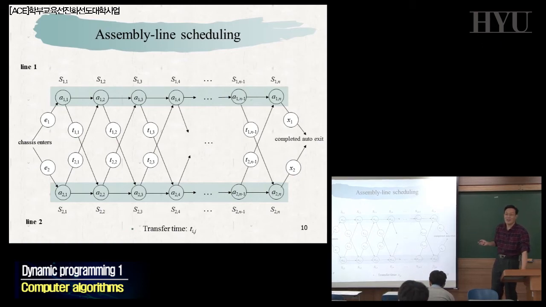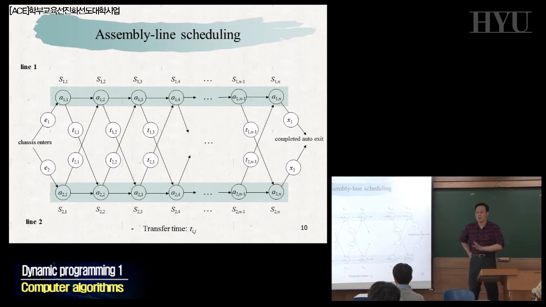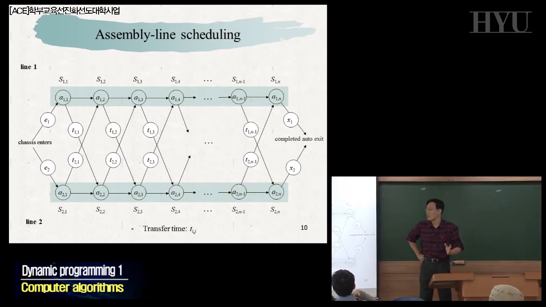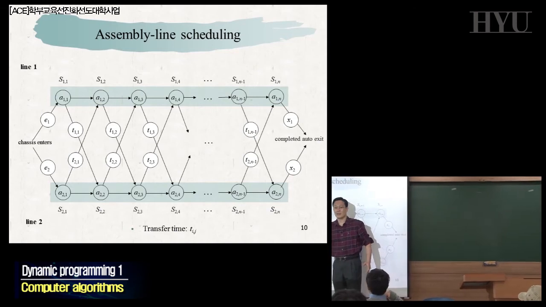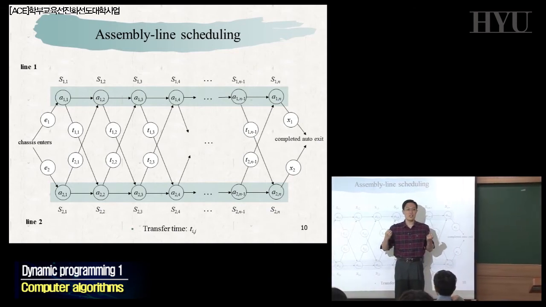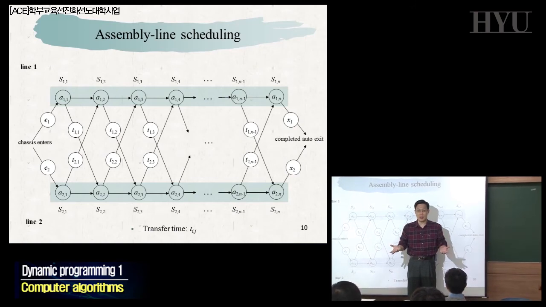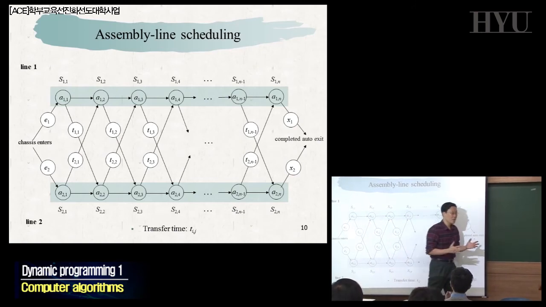So that's why the running time is long if we solve this problem recursively. The reason is that the same problem is solved multiple times, which is really redundant, unnecessary. Okay?